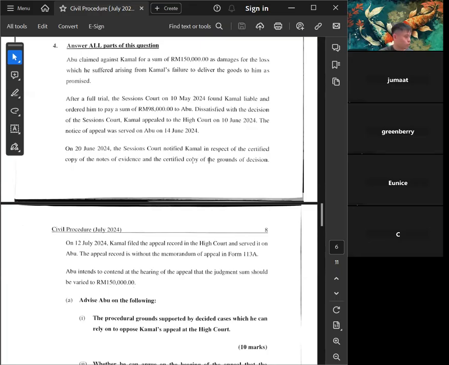For your information, on the time to file notice of appeal, there is a recent case called Ivory Glove, from 2023. I will share the suggested answer in the group later so you all can have a look. Okay?